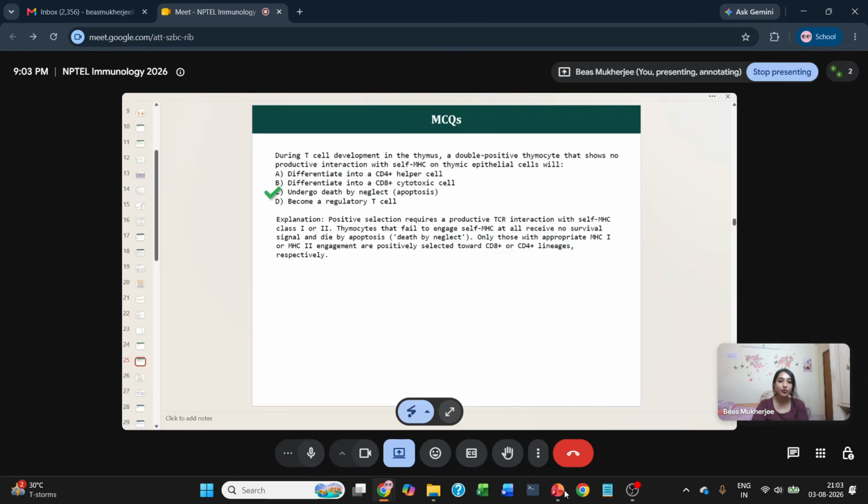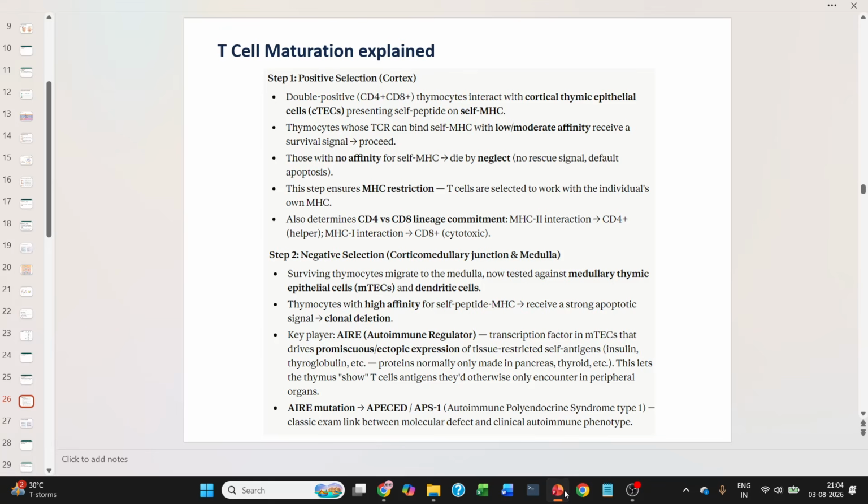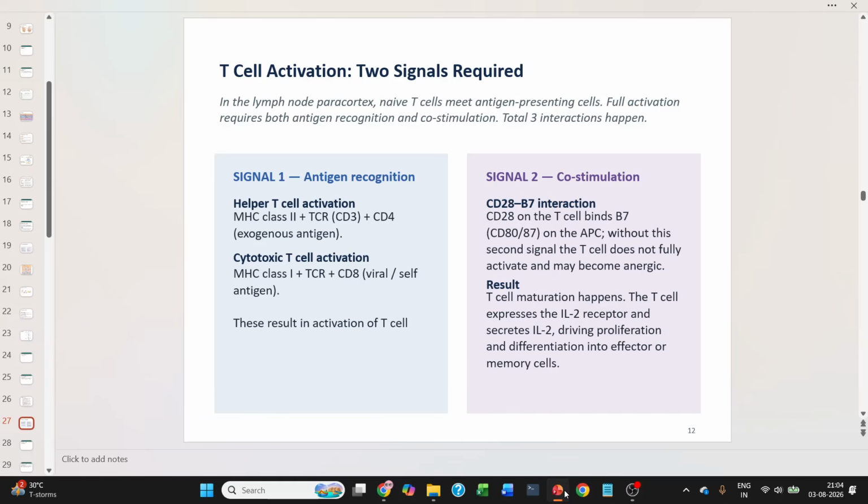Only those with appropriate MHC1 or MHC2 engagement are positively selected towards the CD4 plus or CD8 plus lineage respectively. Now, the same thing is written here in a lot more detail, so you can go through this whenever you get time.